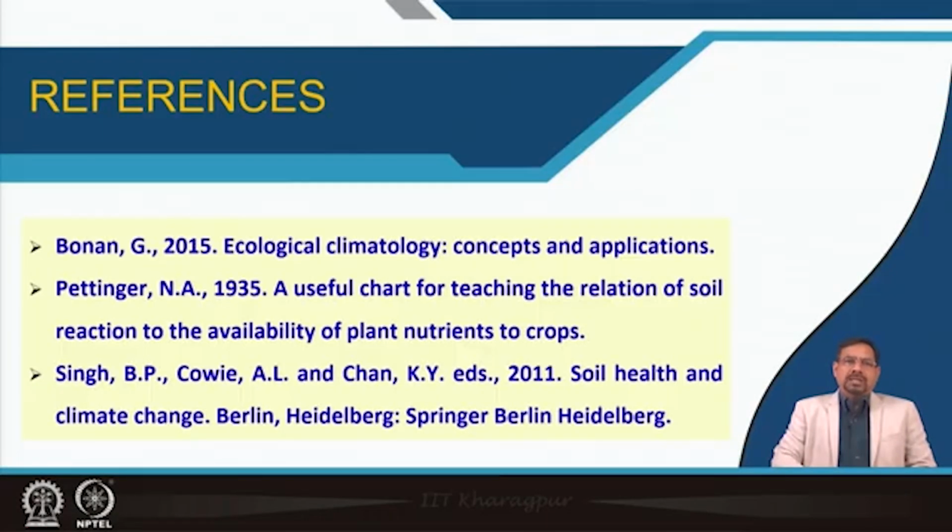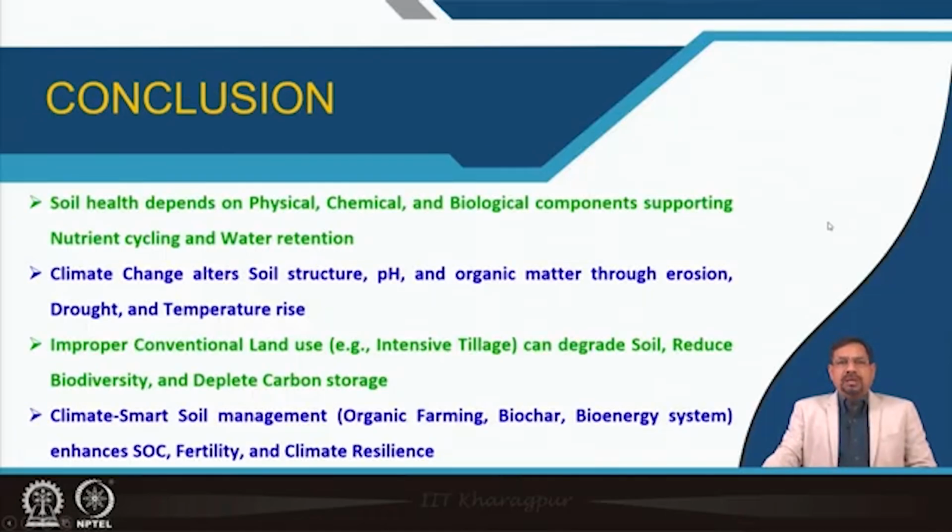Finally, we have taken these three references to discuss this particular topic on soil health and climate change. So, let us conclude with these four points. Soil health depends on physical, chemical, and biological components supporting nutrient cycling and water retention. Climate change alters soil structure, pH, and organic matter through erosion, drought, and temperature rise.